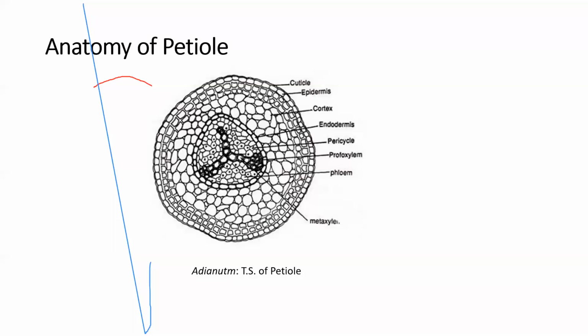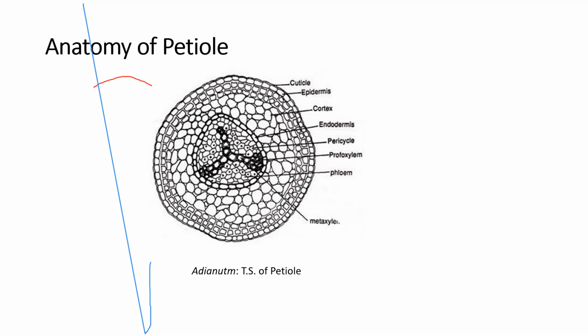So inside the epidermis, there is a one to many layered hypodermal region made up of sclerenchymatous cells. And inside the hypodermal region, there is a broad region of parenchymatous cells, which is known as the cortex or inner cortex.